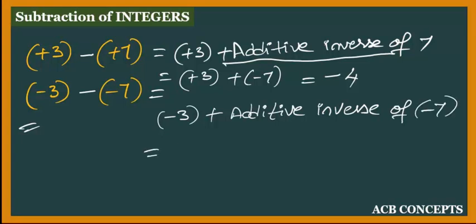So here minus 3 plus the additive inverse of minus 7, which is plus 7. Both integers are of different sign. Put the sign of the bigger number, plus, and write the difference, 4. Like this we have to do the subtraction of integers by using the concept of additive inverse.